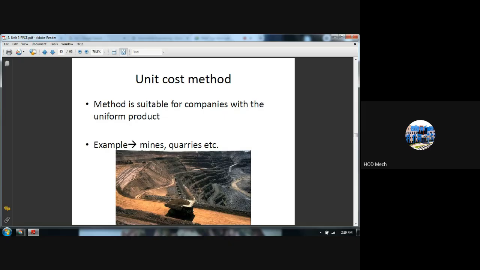There the process is the same. The process they are subjected to is not going to change. So this talks about unit cost. Here the process remains the same, over a number of years, number of days, how many years you work, the process is going to be the same. So here we talk about the unit cost method.